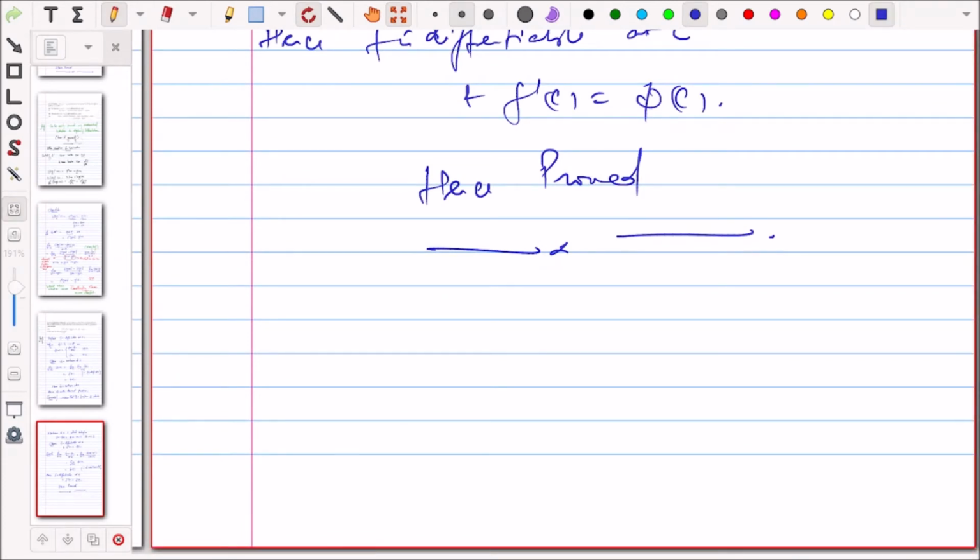So now we come to our chain rule. First, let us do an example for this. Let us find a function phi.